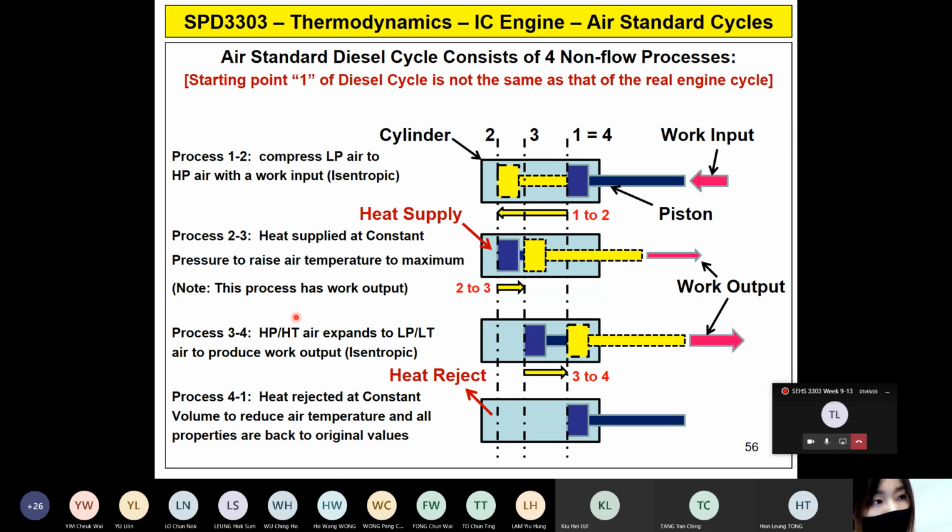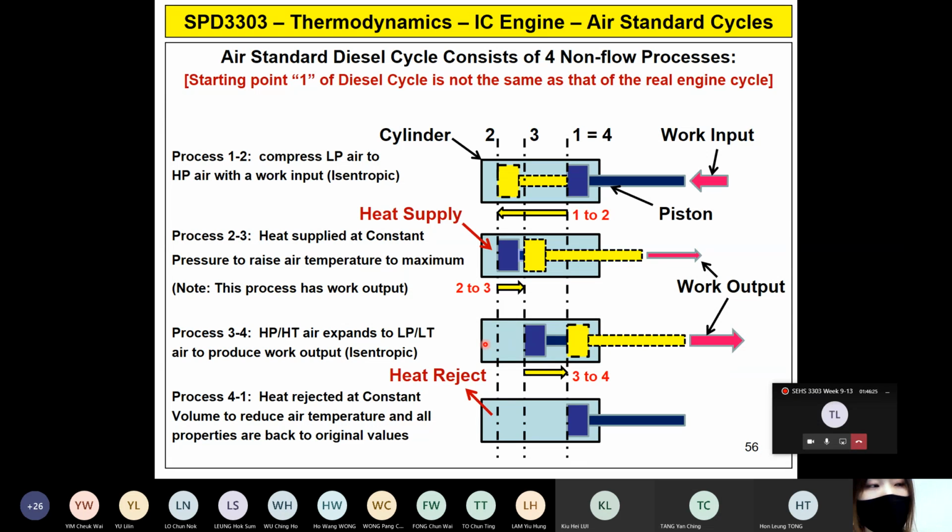From point 3 to point 4, that is your power or expansion stroke. The high temperature and high pressure air expands to give you useful work output. Again, we assume this process is isentropic. That means adiabatic and reversible.